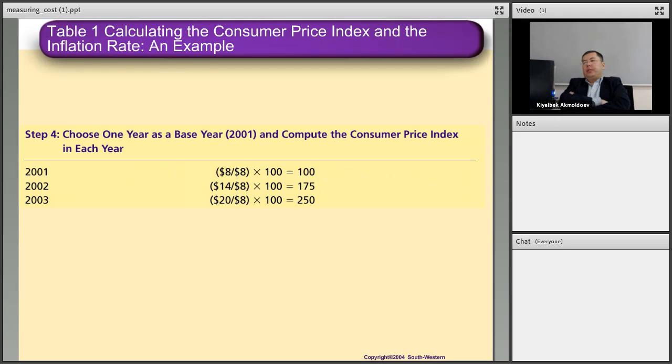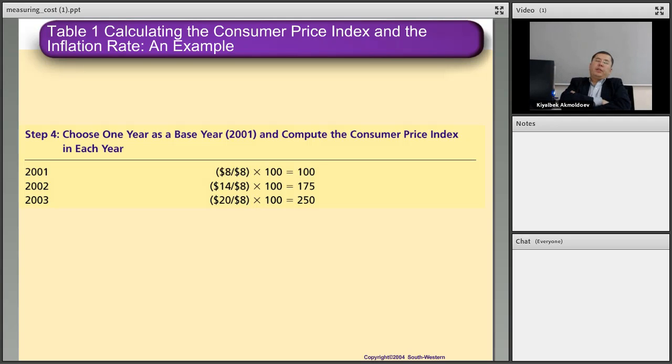Next one is $20 divided by the base year multiplied by 100. It is 250. So choose one year as a base year. Here we choose 2001 as the base year and calculate the consumer price index. We have calculated the consumer price index for each year.